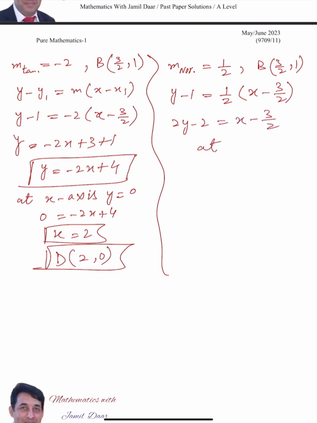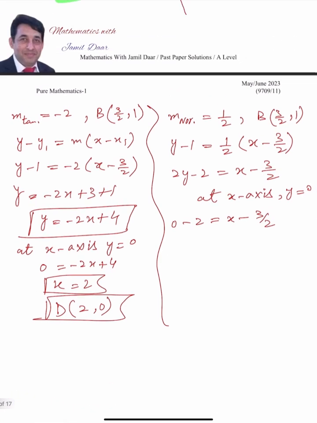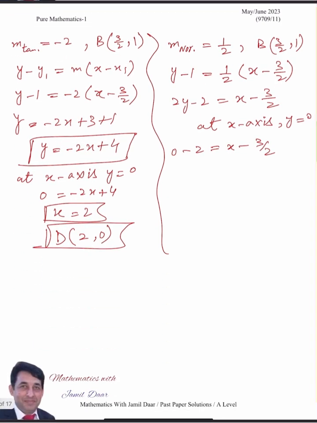At x-axis, y is equal to 0. So minus 2 is equal to x minus 3 by 2. We have substituted the value of y is equal to 0. So this will become minus 2 plus 3 by 2 is equal to x. X is equal to minus 1 by 2.